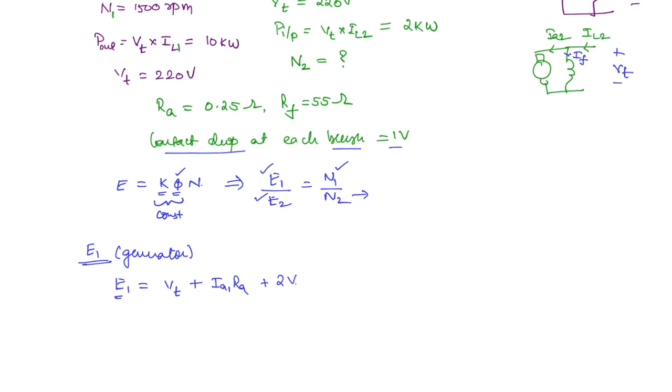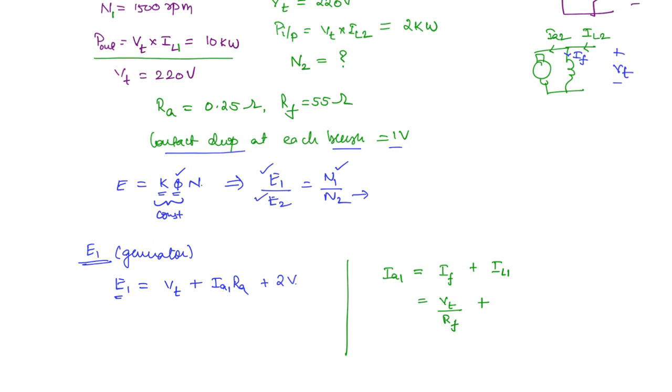Okay. So IA1, how you can find the armature current for a DC generator? It will be equal to the field current plus the supply current, IL1, the current that it is supplying. So what will be the field current? The terminal voltage divided by the field resistance plus IL1 is not given. So you have to find from this expression.